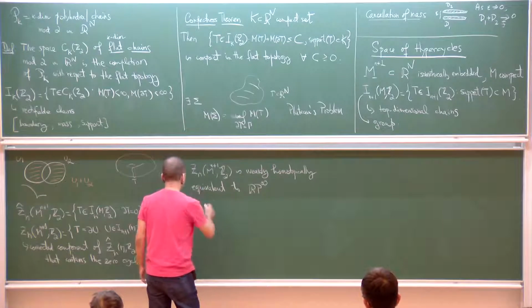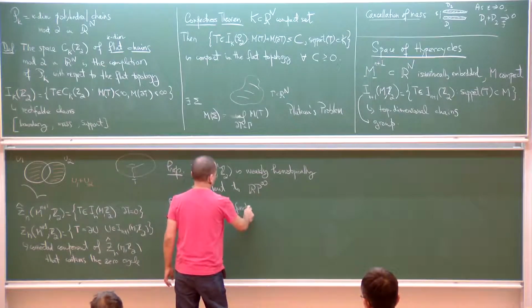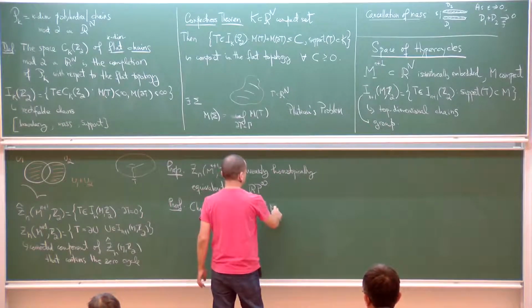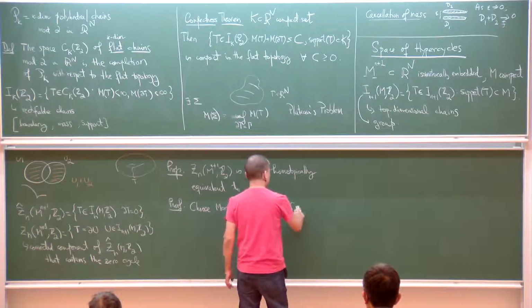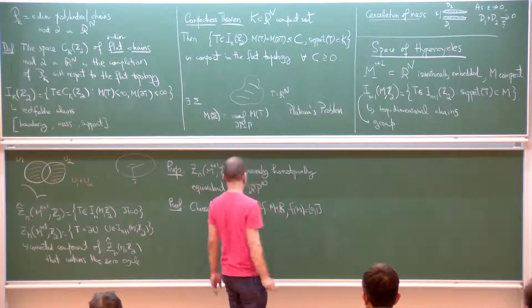Choose a Morse function f from M to R. Let's normalize things so that the image is the interval [0, 1].